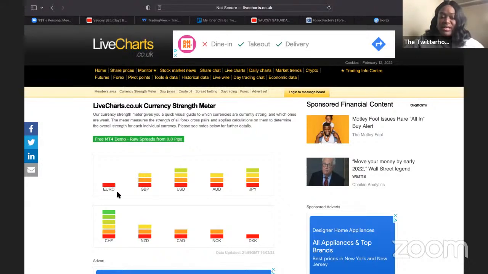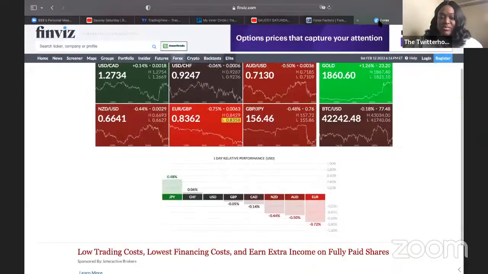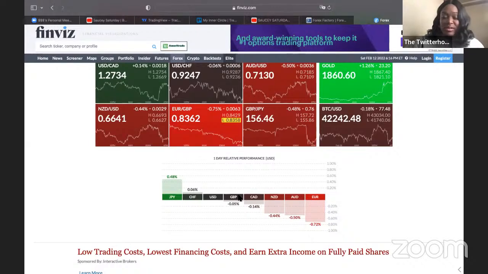Euro being the weakest, and we see it only has one bar, right? JPY, here it says JPY is the strongest, but the Swiss franc, CHF, appears to be strongest here. But like I said, the market's closed. There's no movement. This has been like this since Friday at 5 p.m. The market closed. It's not going to move. Okay.